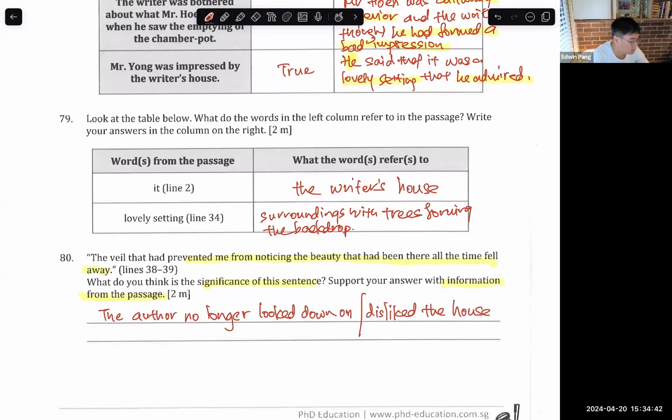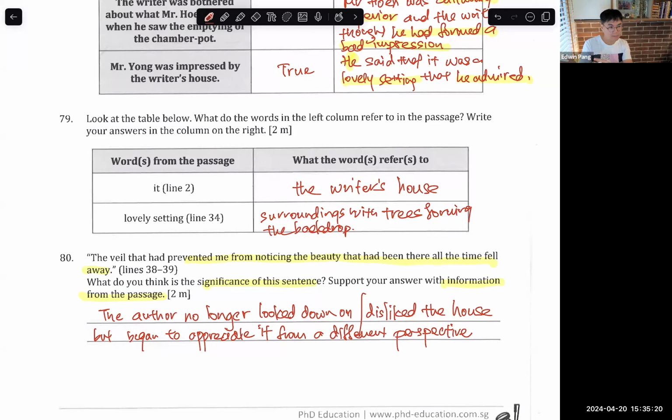Because before this, she didn't like it because it's eerie, scary, all of that. But began to appreciate it from a different perspective. Because the perspective given to her by her art teacher, right, helped her to overcome her original dislike and see the house in a different light.